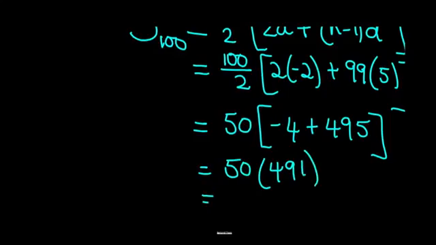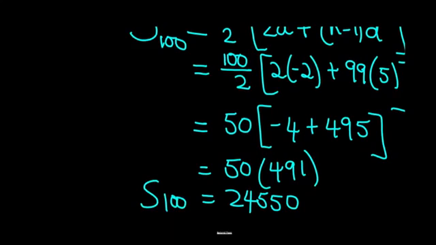So that would be 5. So that would be 24550. Okay, because 5 times 1 is 5, 5 times 9 is 45 carry 4, 5 times 4 is 20, plus 4 is 24.